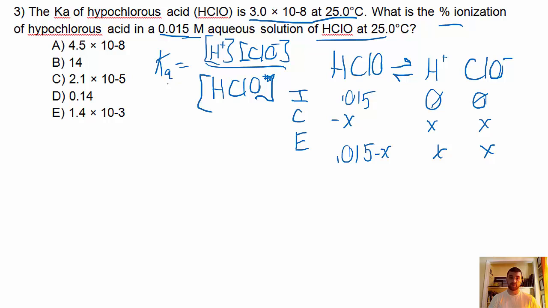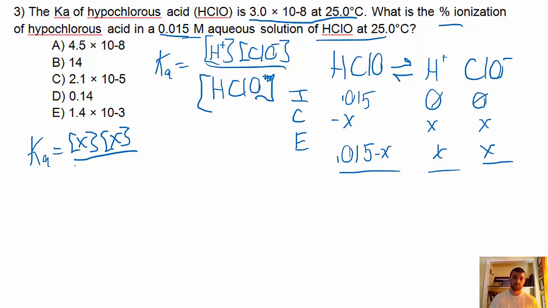Next we plug these values into our Ka expression. We get Ka equals X times X all over 0.015 minus X. Now we know everything except for X. So we want to rearrange this like a quadratic equation.